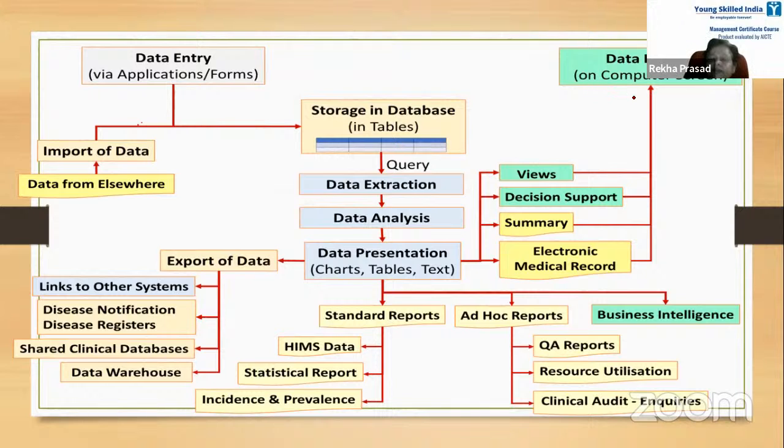Data can be displayed on a computer screen. So from here data entry is done, then storage in a database. Some data can be imported from somewhere else. If a patient is coming from another hospital, his or her data can be imported from there. Data from elsewhere can be imported to data entry. Then from here it is stored in the database.